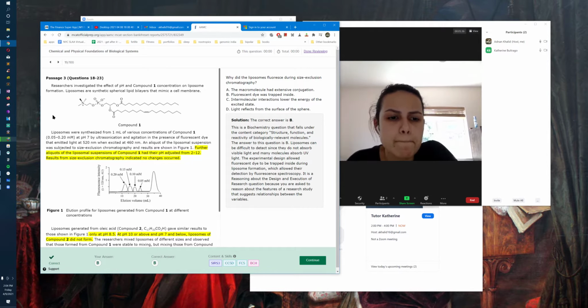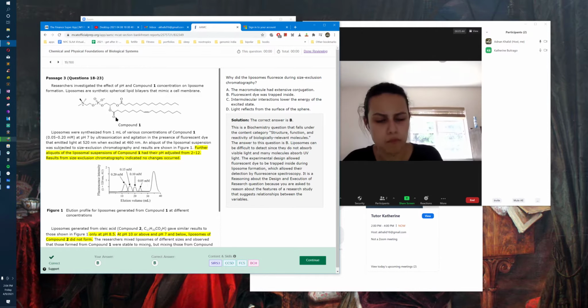And then they say what liposomes are. They're basically spherical versions of a lipid bilayer. So compound one, we see it looks like a phospholipid of some sort. You see that in compound one?